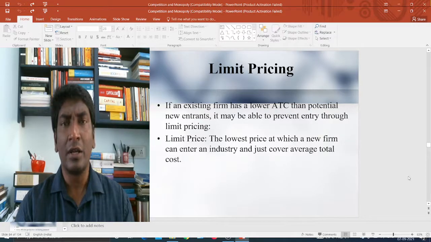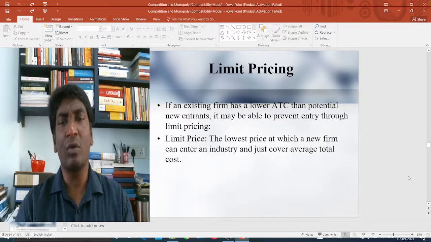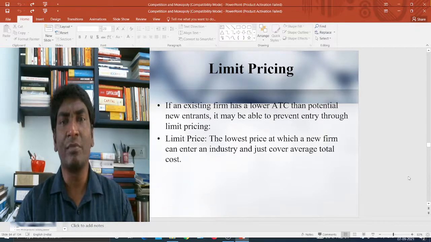If an existing firm has a lower average total cost than a potential new entrant, it may be able to prevent entry by limiting the price at that level.